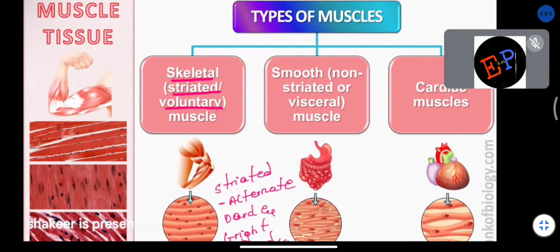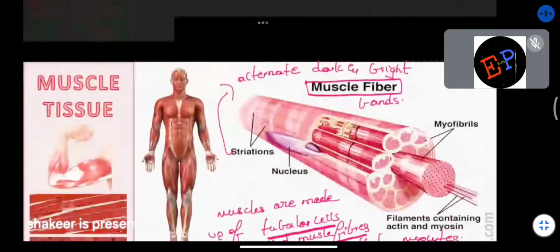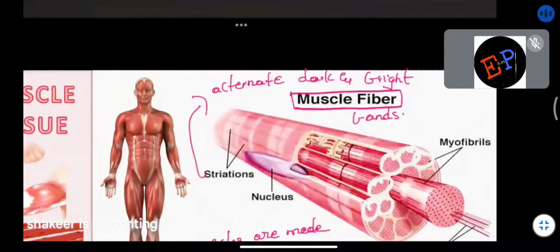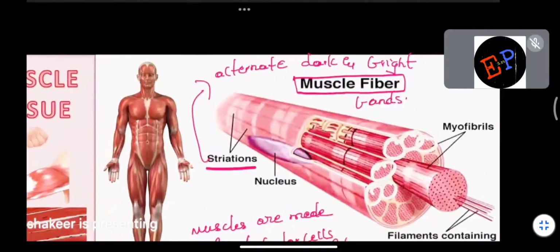Okay? So on the muscles you will find a dark color layer, then it is followed by a white color layer, dark color layer, white color layer. If this kind of pattern is present, then it is called striated. See in the figure here, these are the striations which are present.